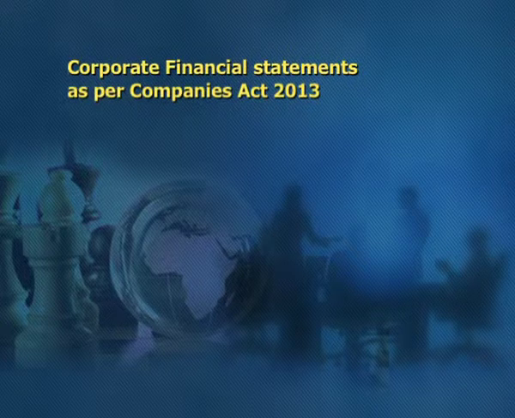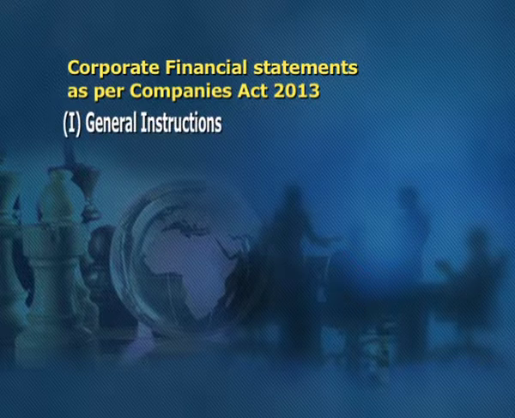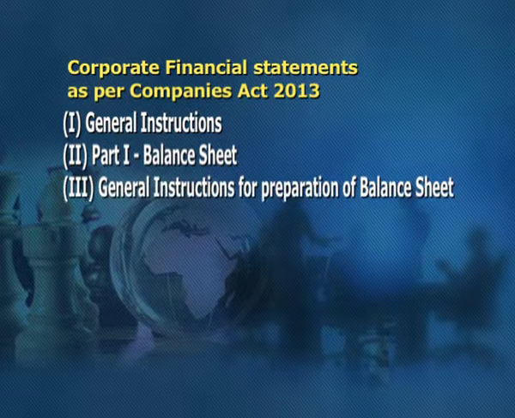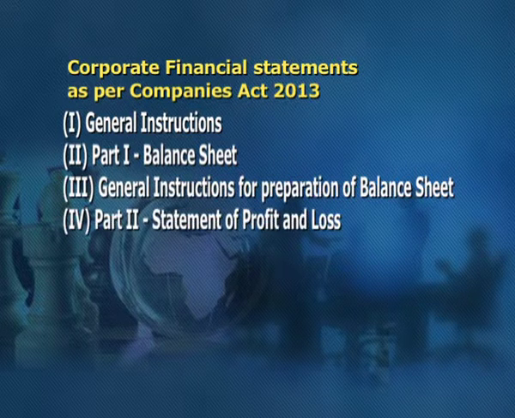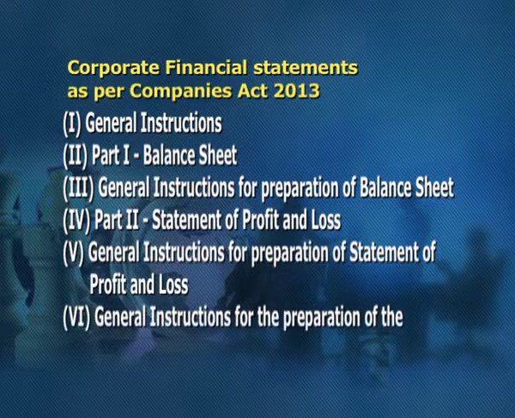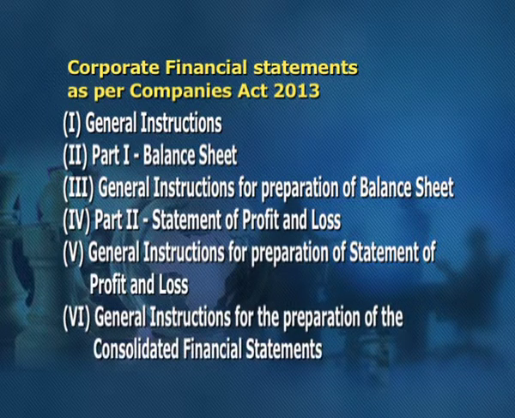Now, let us become aware of corporate financial statements as per Companies Act 2013. Schedule 3 as per the Companies Act 2013 requires financial statements to incorporate: first, general instructions, second, Part 1 balance sheet, third, general instructions for preparation of balance sheet, fourth, Part 2 statement of profit and loss, fifth, general instructions for preparation of statement of profit and loss, sixth, general instructions for the preparation of the consolidated financial statements.